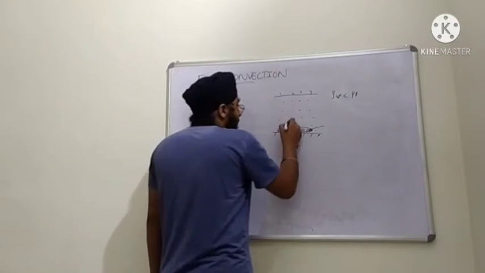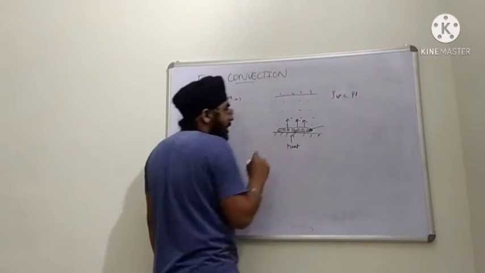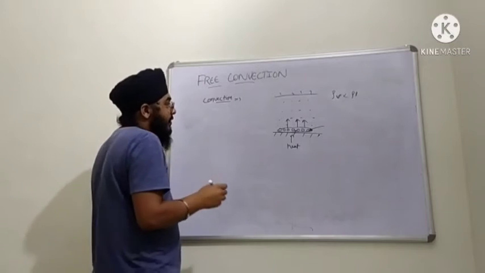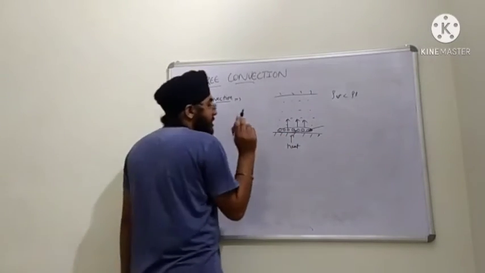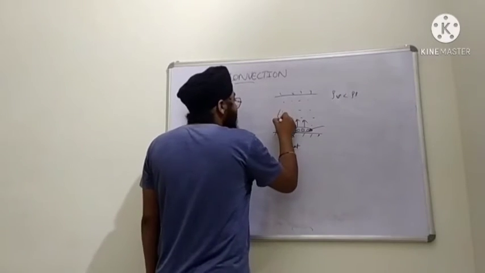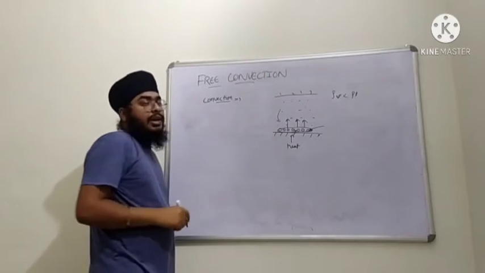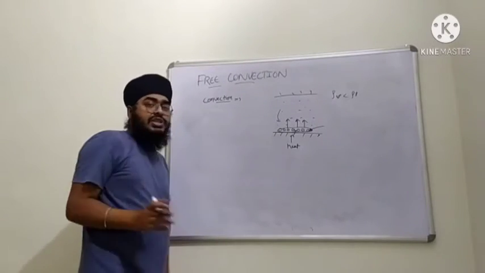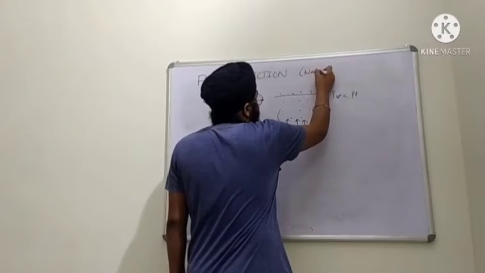Now because of this, there is an upward thrust on these particles due to the density difference. That is why these particles are going upwards, buoyancy force is acting, and the particles with higher density are coming downward. So this convection which is occurring naturally, free convection, is also called natural convection.